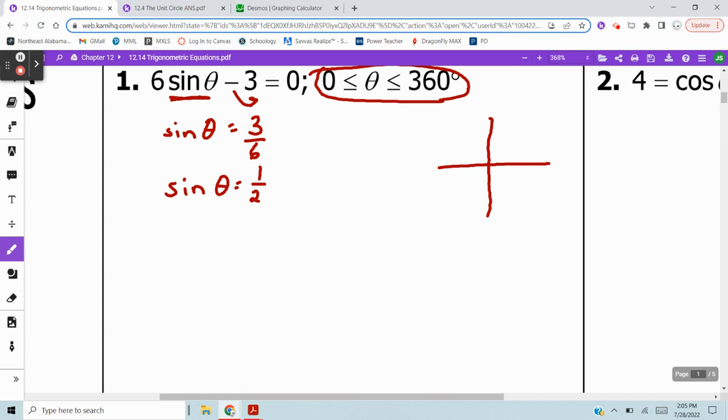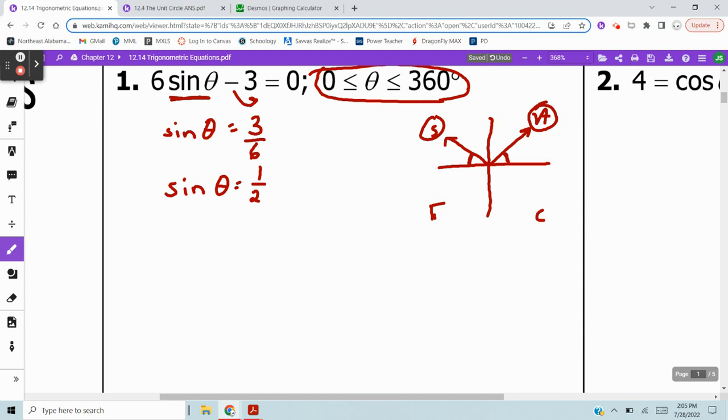So next thing we're going to ask ourselves again, where is sine positive? And again, all students take calculus. So sine is positive here because everything is, and sine is positive here. So you will have an answer in this quadrant, and you're going to have an answer in this quadrant. How do I know what those two answers are? Well, they're just going to have the same reference angle.